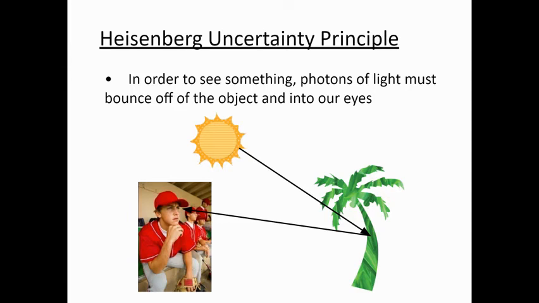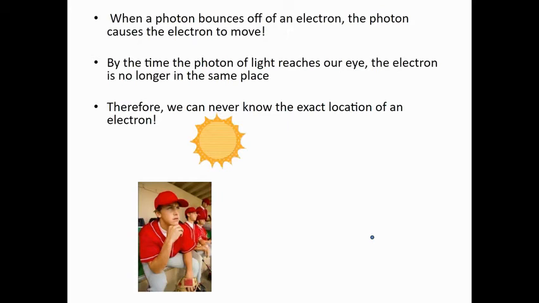And in the time that it takes for this ray of light to bounce off the electron into your eye, it has disturbed the electron and caused it to move to a different location. And so we can never know the exact location of an electron because it moves when we observe it.